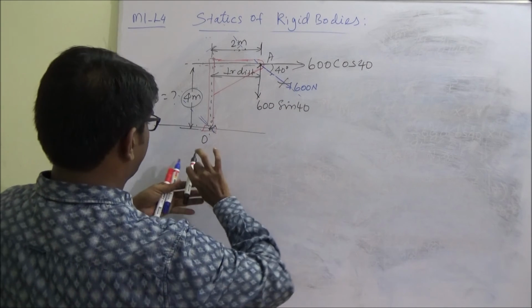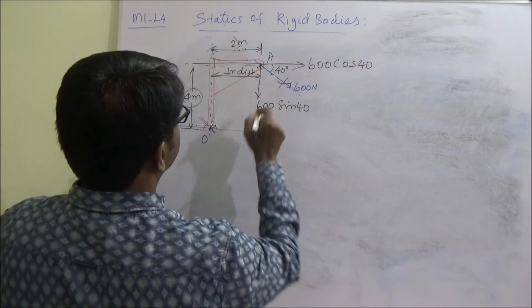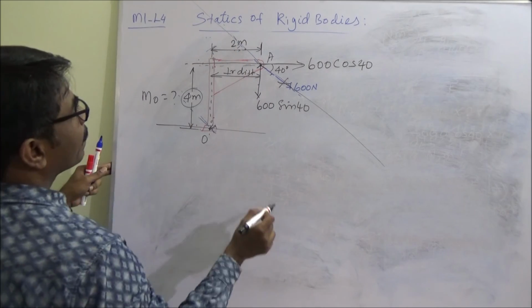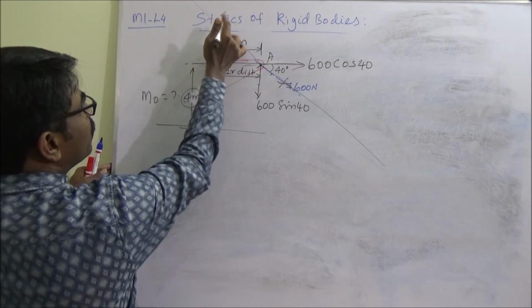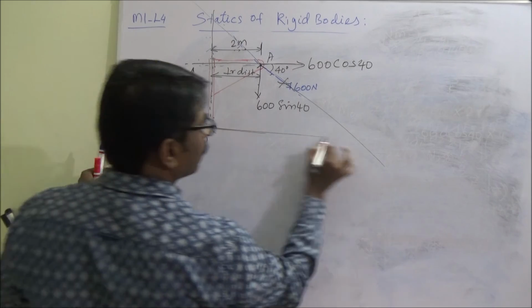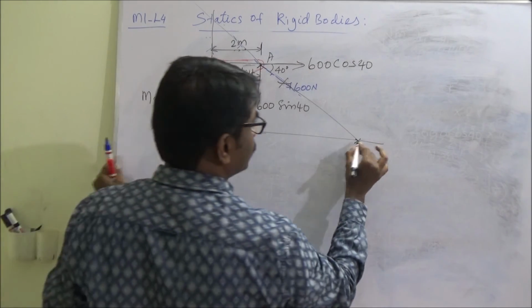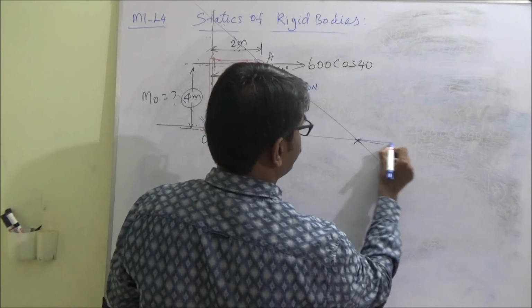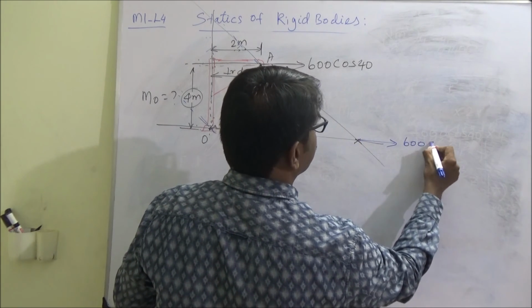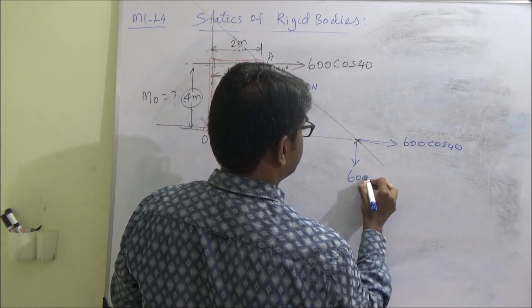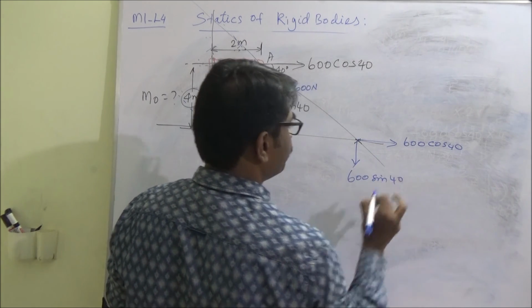Now we know the principle of transmissibility. The same line of action, we can move the force anywhere. I can move this force here. This is 600 cos 40. This is 600 sine 40.